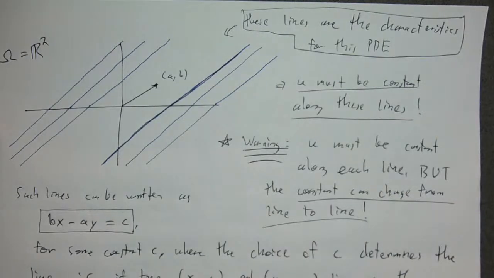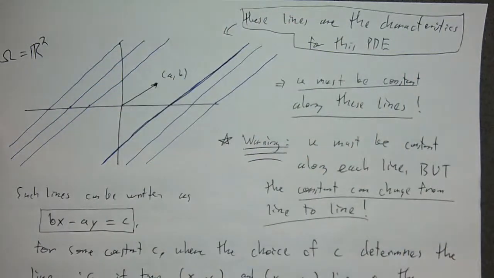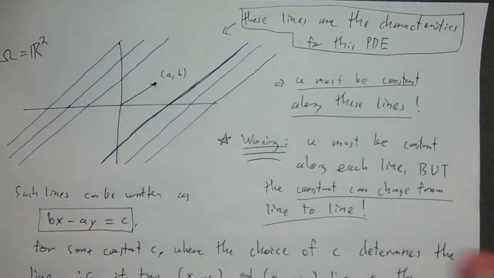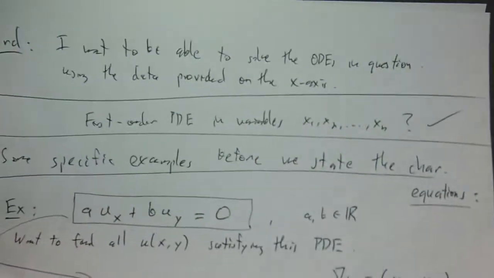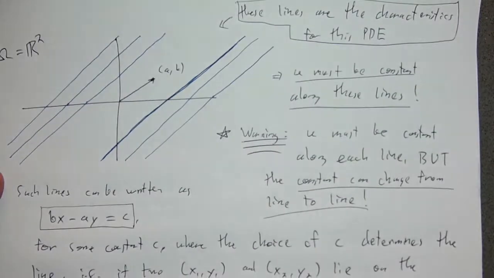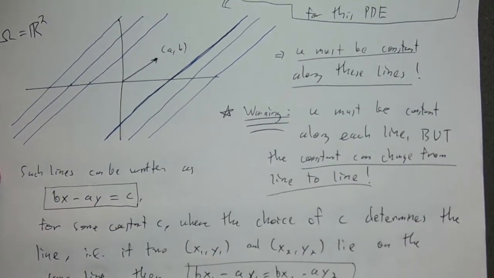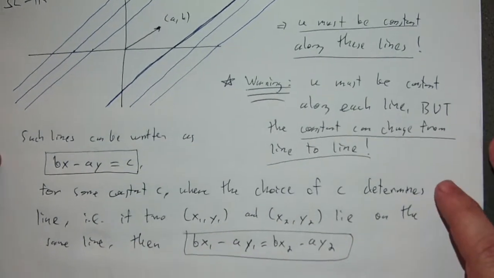So for any point in my region, there's a unique line passing through it. All these lines are non-intersecting, and they fill out the entire plane. So if we go back to our first, second, and third requests that we made, all of those are met by this. And so we truly have found characteristics for this PDE. So by what I said previously, this should be enough to solve this PDE.